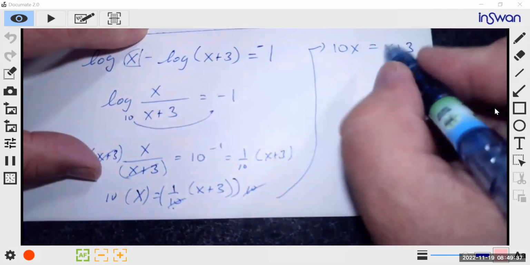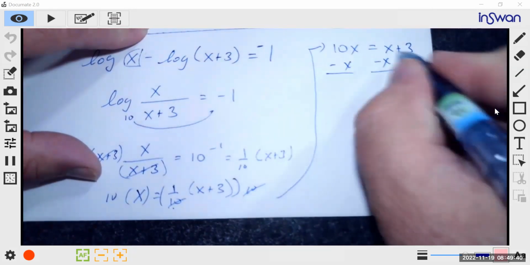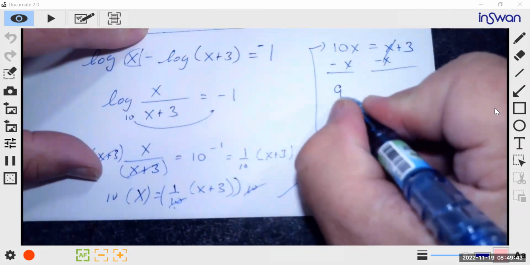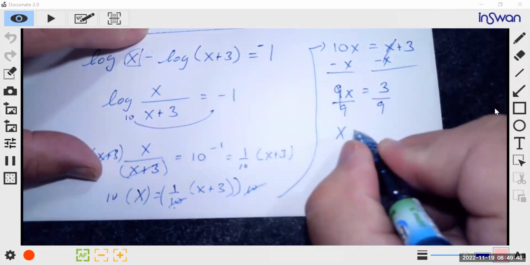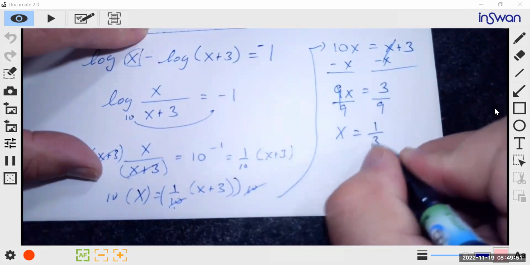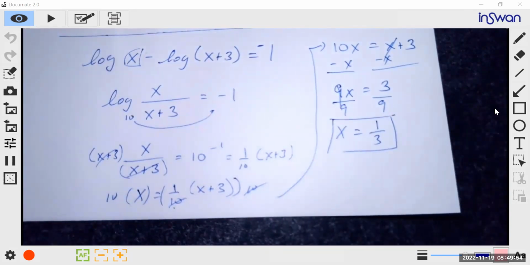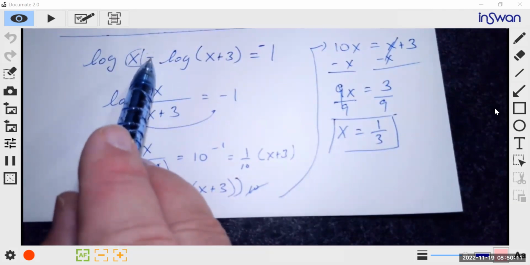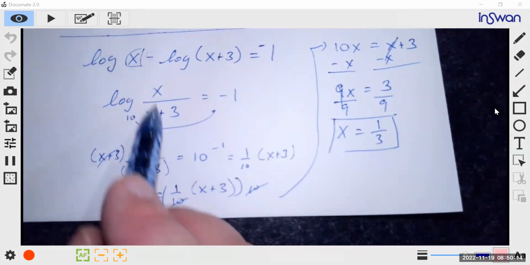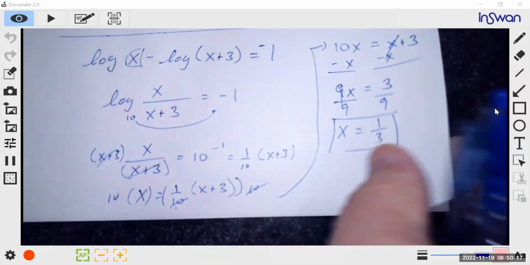Subtract x from both sides. 10 minus 1 is 9x equals 3. Divide by 9. 3 goes into 3 once, so there's your answer. Again, if you have two logs in an equation, look at what the sign is. If it's a minus, you can combine them by the quotient rule. If it's a plus, you can multiply them by the product rule.